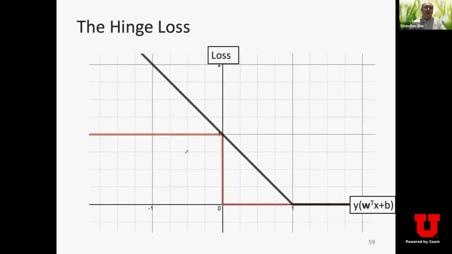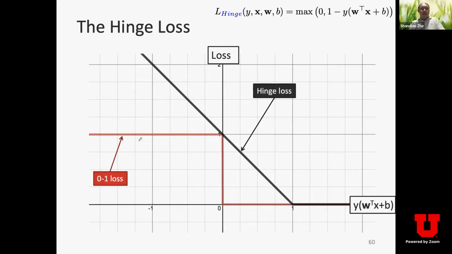There's also an interesting relationship between hinge loss and the 0-1 loss. In the ideal case for the binary classification problem, we could use the 0-1 loss. That means if you make a correct prediction, you get 0 cost. That is, if your prediction score multiplied by your label is non-negative, you get 0 loss. But with a wrong prediction, you get 1 loss. And here is the curve of the hinge loss.